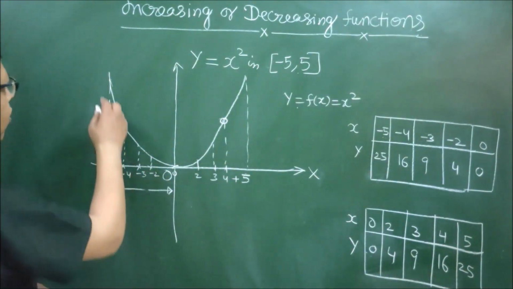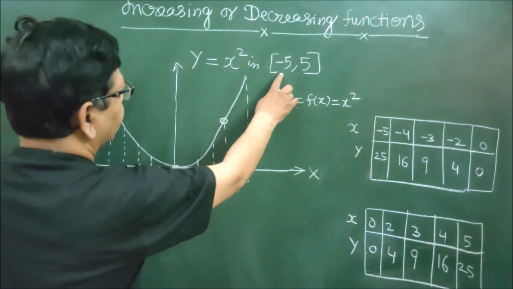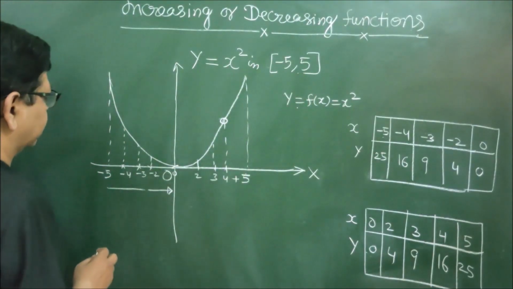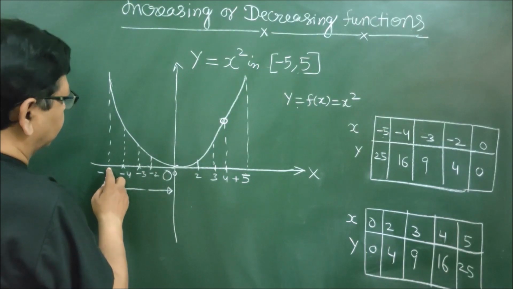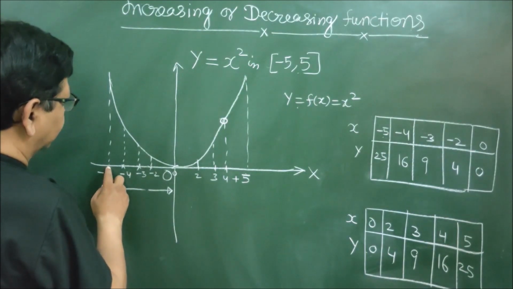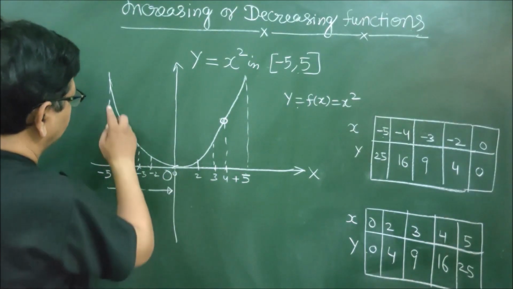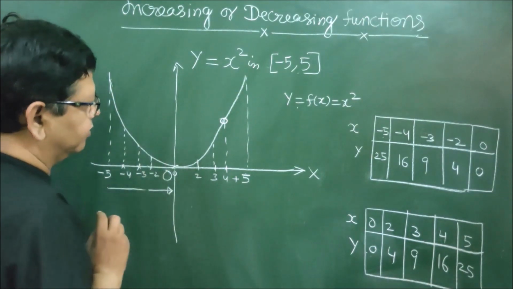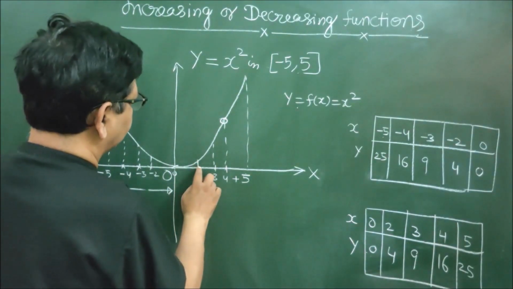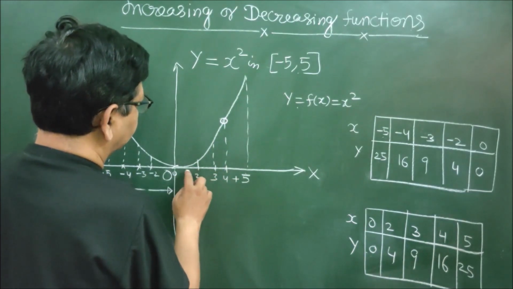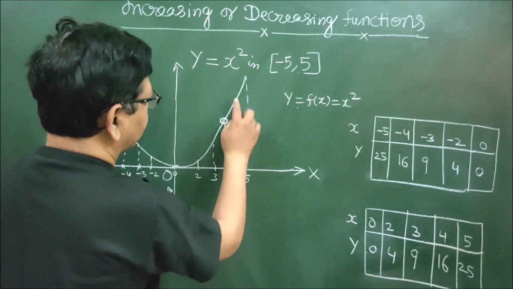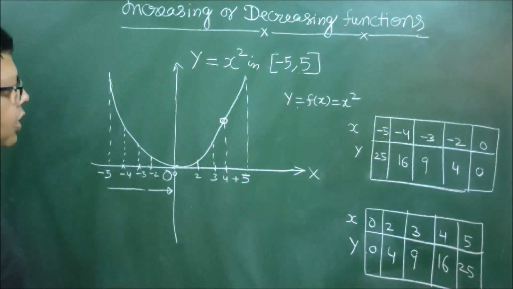So what we observe in this graph from -5 to 5, that the value of y from the interval -5 to 0, it goes on decreasing. And on the right side, when the value of x we take from 0 to 5, it goes on increasing.